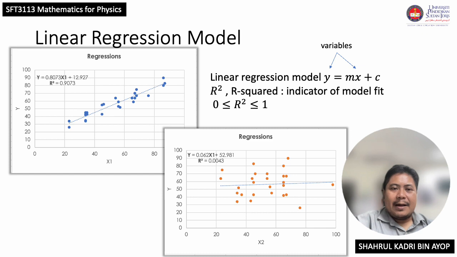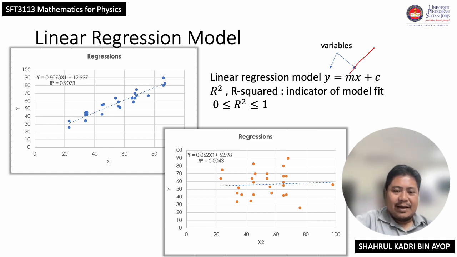Here we model the graph using a linear equation where y equals mx plus c. This is a normal linear relationship where the strength of the relation between y and x is measured by the slope of the graph. So when we make this graph, we can search for the best linear fit.